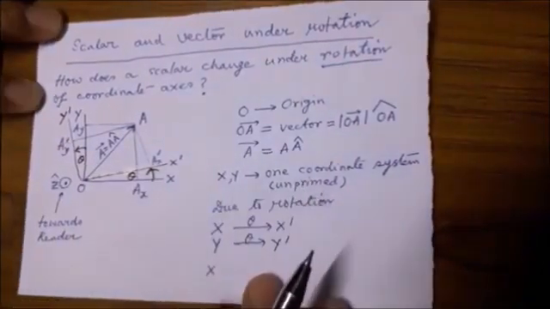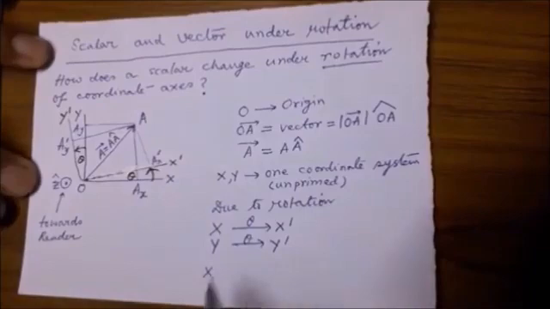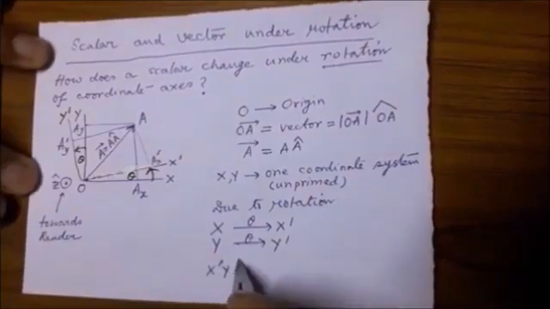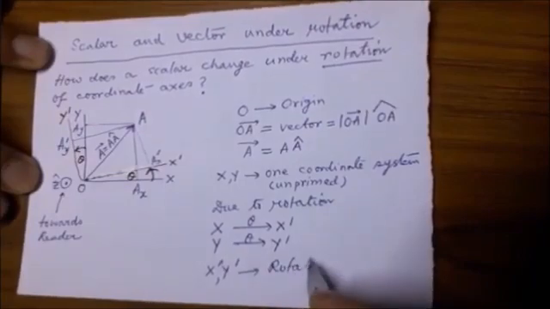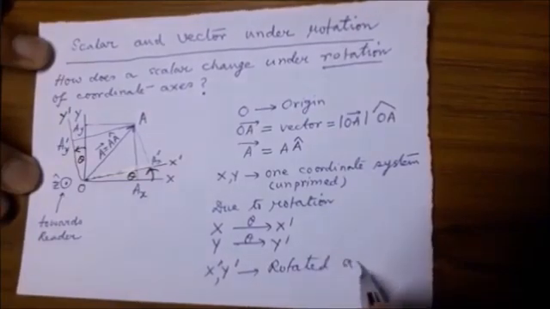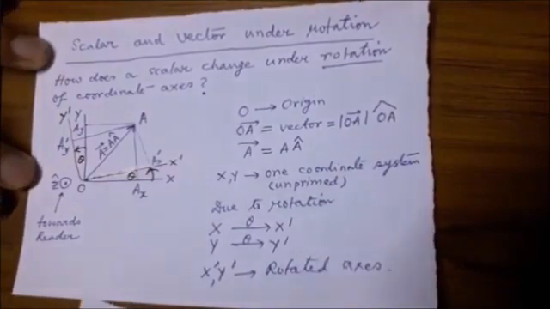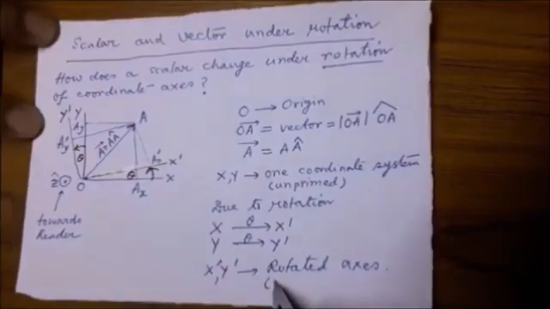Now x, y are the original axes and x prime, y prime are the rotated axes, the amount of rotation being theta.